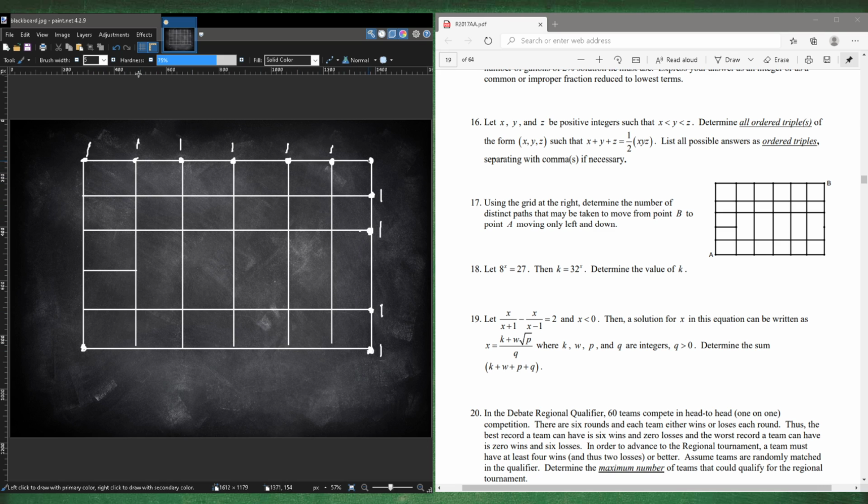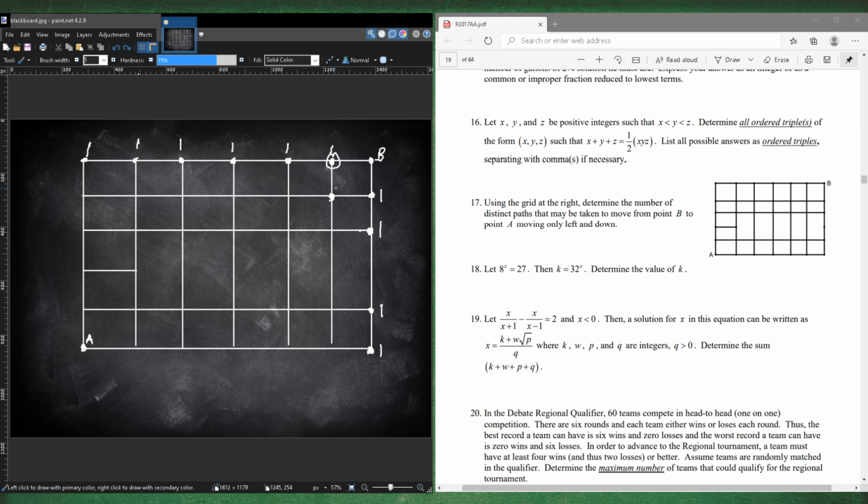So all the ones on the side of the point where you're starting from B to A, you only have one way to go through because you could only go left or only go down. Now, how do you go through the points inside the grid?